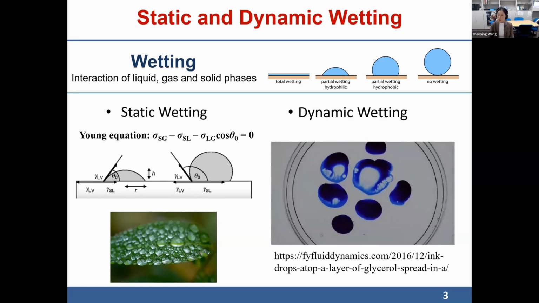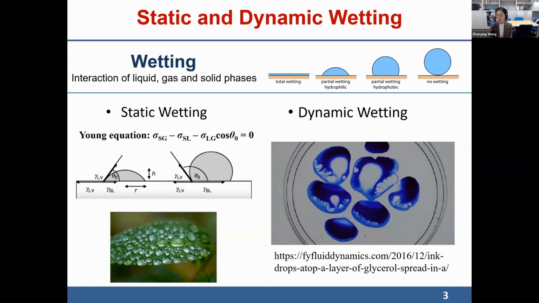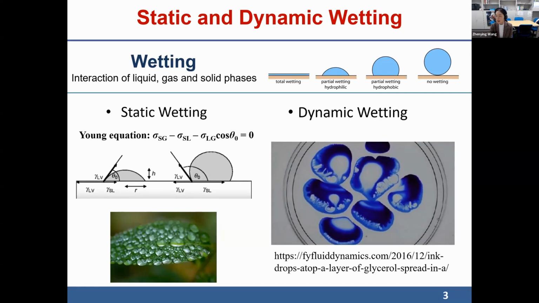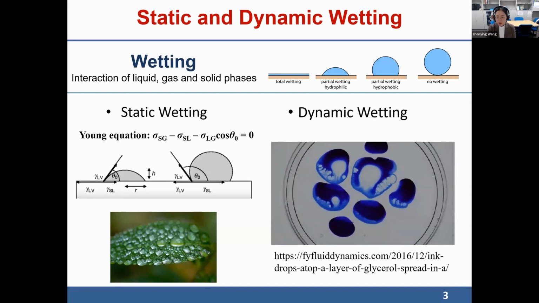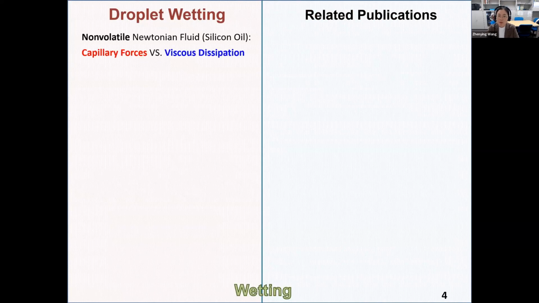So, when it comes to dynamic wetting, if we put a droplet on a substrate and observe the whole dynamic process, there will be more mechanisms that come into effect. If we consider the simplest case, for example, a non-volatile Newtonian fluid, for example low viscosity silicone oil, on a solid substrate, this phenomenon is controlled by the competition between the capillary forces and the viscous dissipation.